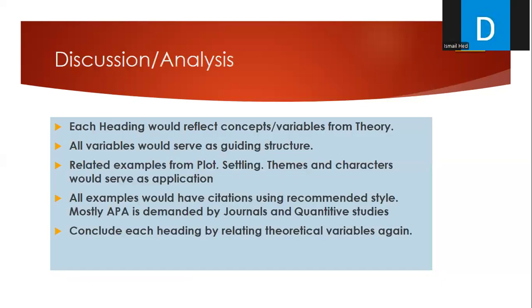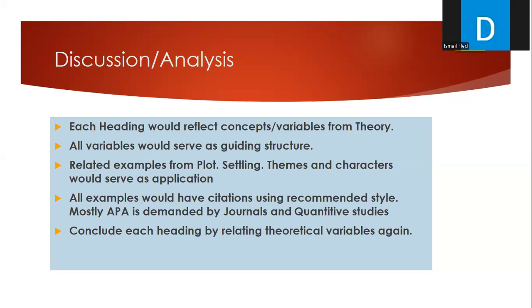Next, you are going to follow each heading in detail regarding each variable that you have selected. Your variable should serve as the guiding structure, and all those related examples from plot, setting, themes, characters would serve as the sources for application.